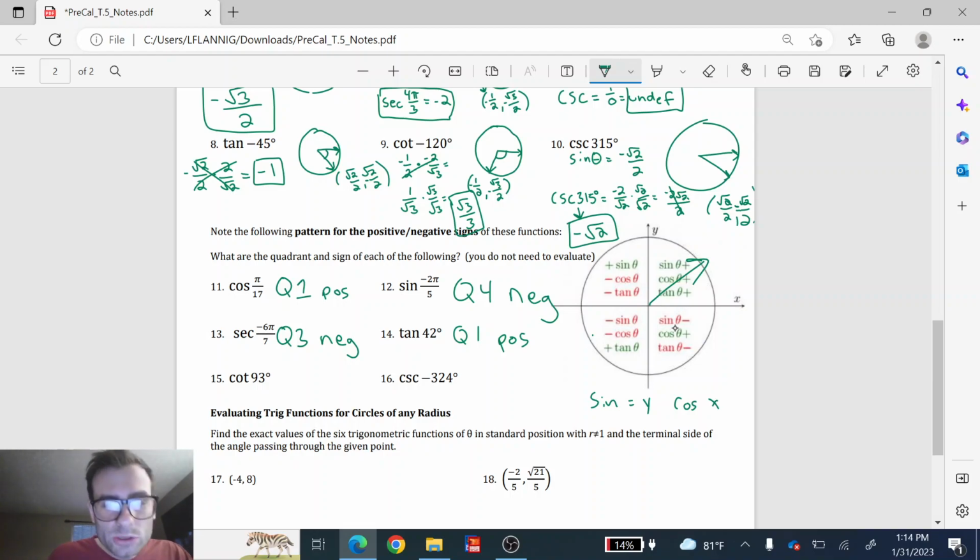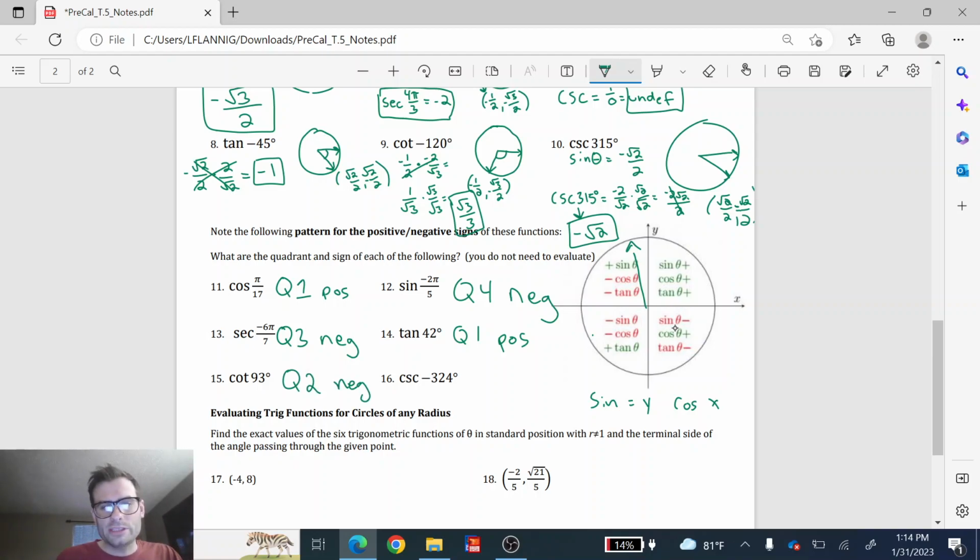And then cotangent of 93 degrees, so that's slightly over quadrant 1 going into quadrant 2. So we know the tangent is negative in that section because sine over cosine, a positive divided by a negative, is a negative. And if the tangent is negative, so is the cotangent. Quadrant number 2 is negative.